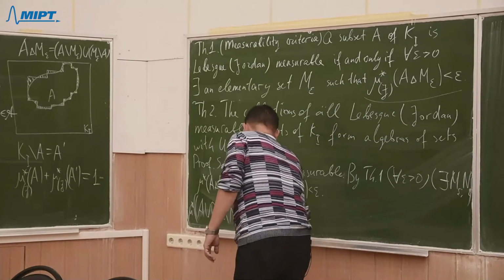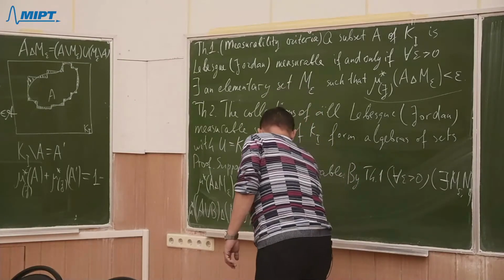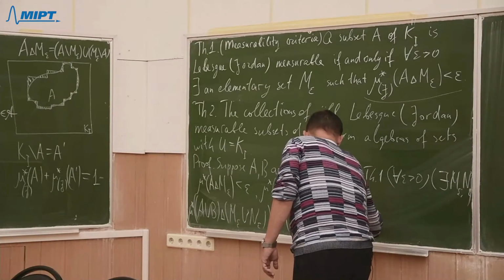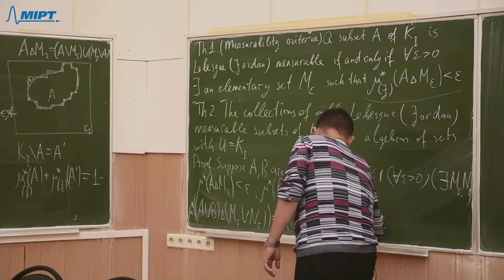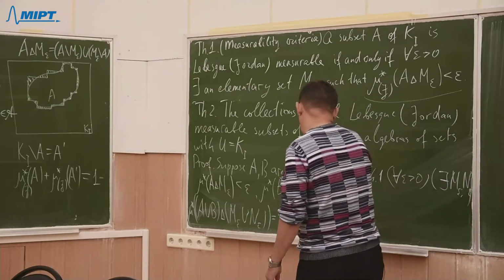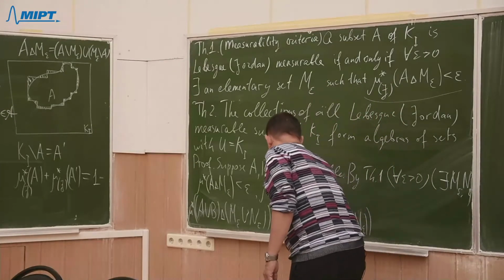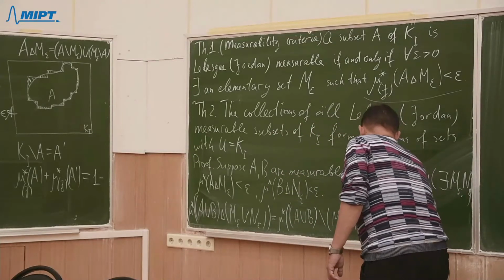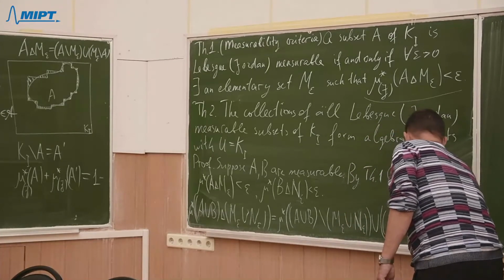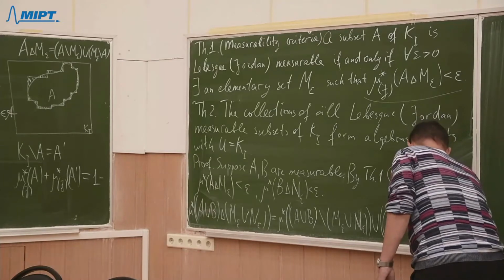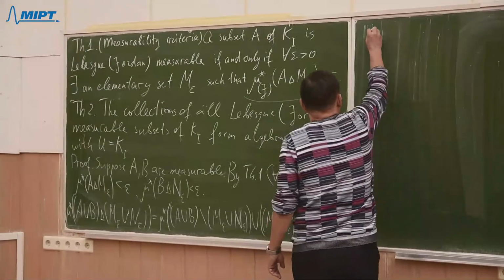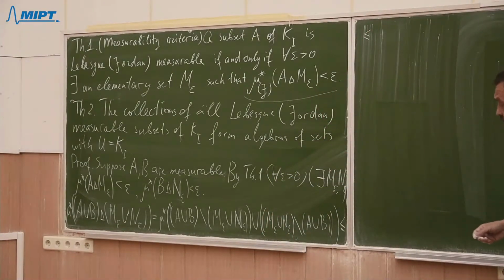Okay, then what is the symmetric difference? Firstly, let me write it by definition. I should consider the union minus the union of M_ε and N_ε, and the union with the difference in inverse order, the union of M_ε and N_ε minus A together with B. Now look what I want to do.